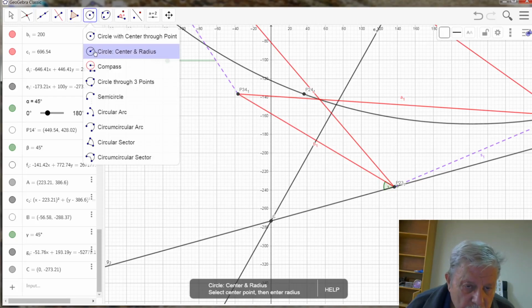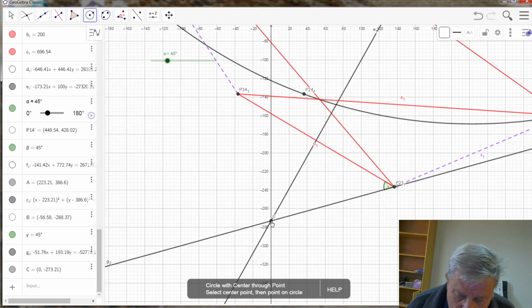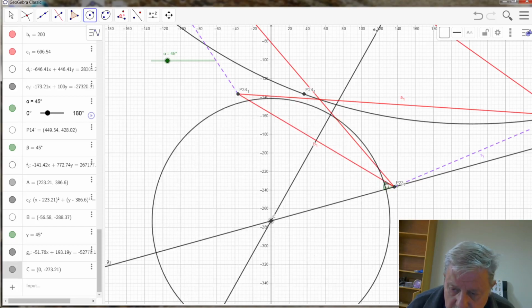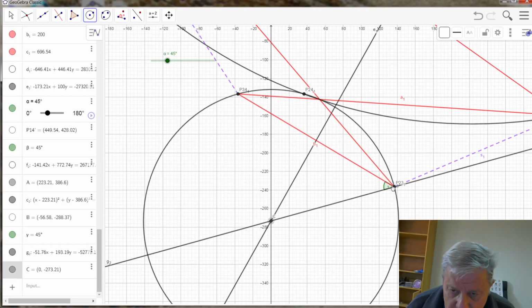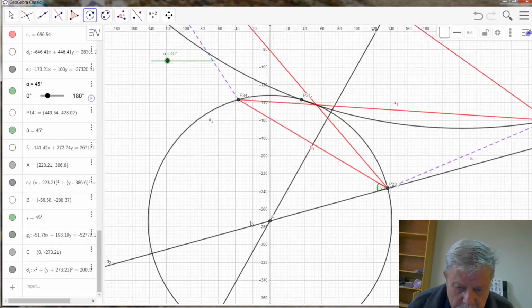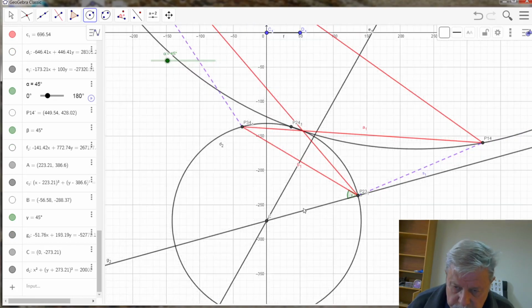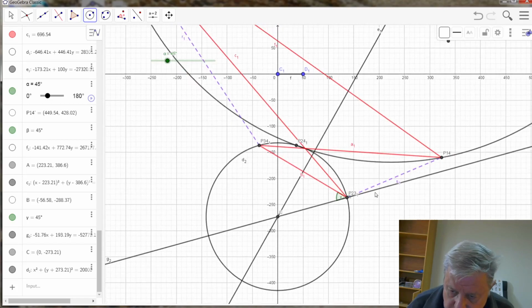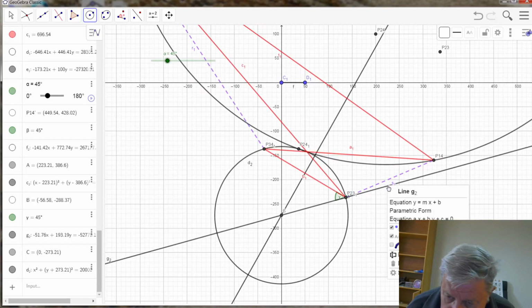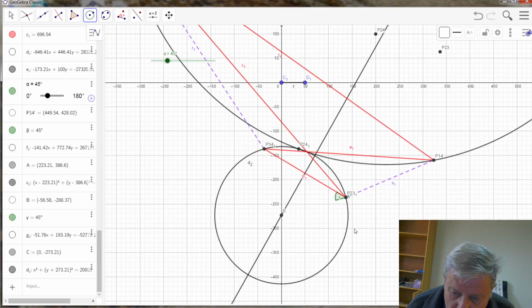Now I will draw a circle. We center this point, passing through these two poles.